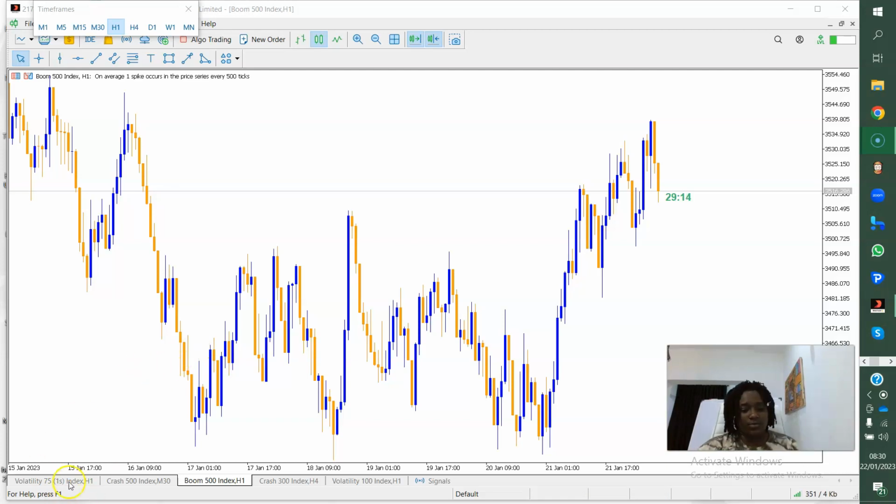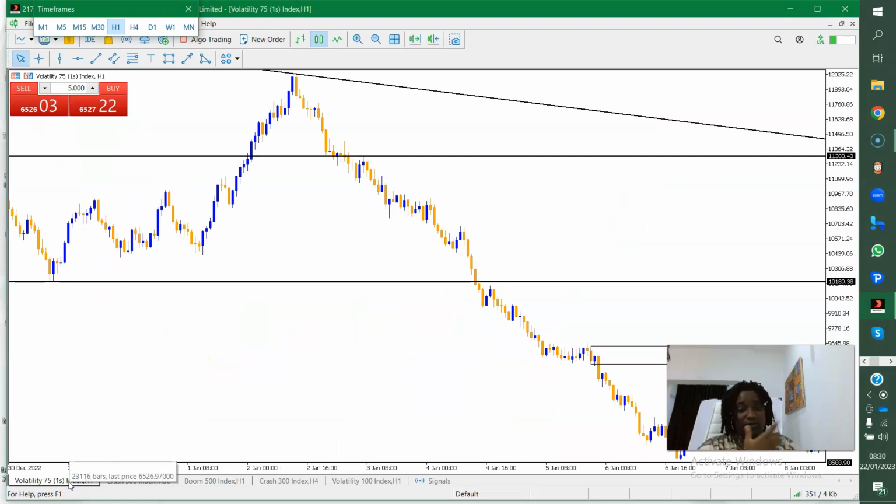So the first one I would like to show you is Volatility 75 1S. I love these indices personally. Before I started making good profit from trading, I used to rely solely on it because it's a very interesting index that allows you to grow small accounts. There are many times I have grown accounts from $1 to a withdrawal stage, meaning withdrawing $100, $500, even up to $1,000.